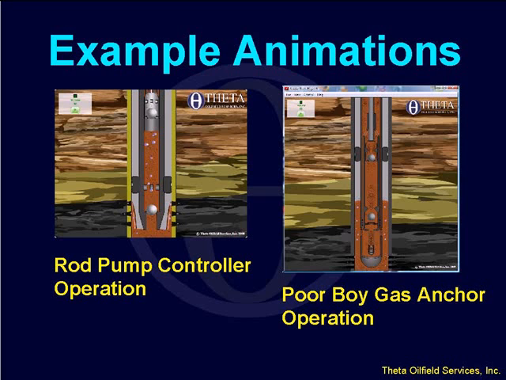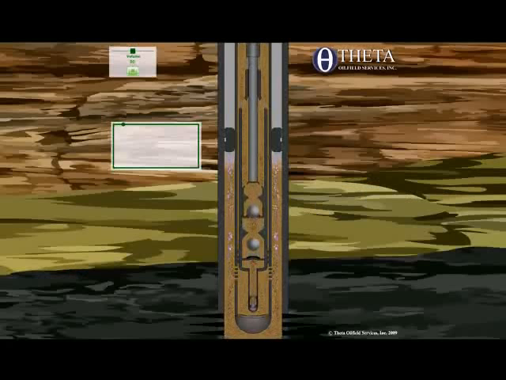And let me show you, this is not finished yet. We're still working on this, but this is a poor boy gas anchor and how it works. Let's take a look at that. See, there's your dip tube, and there are the perforations here. I don't know why this is so dark. It's not that dark on the screen. Maybe this is a high contrast projector or something.